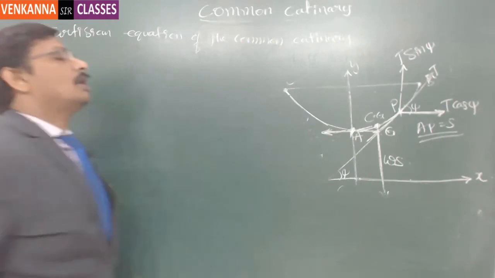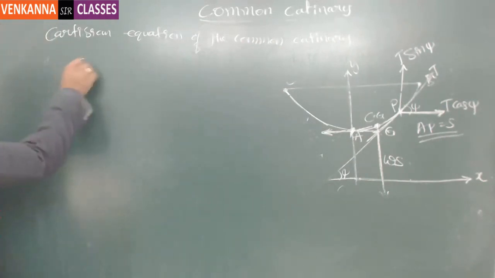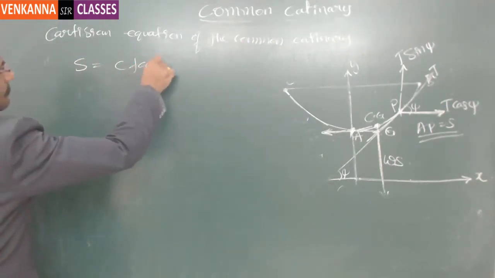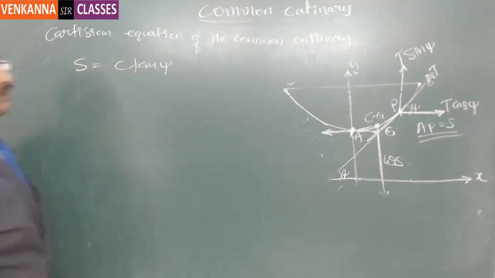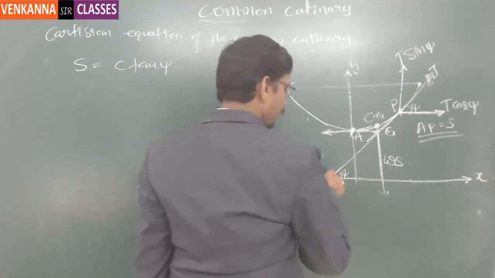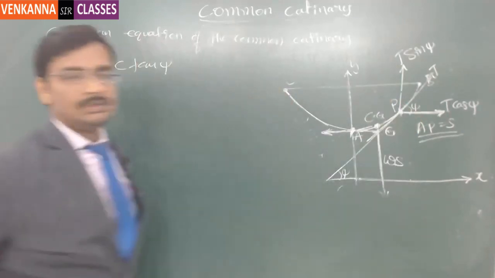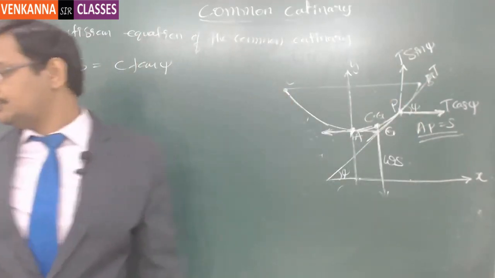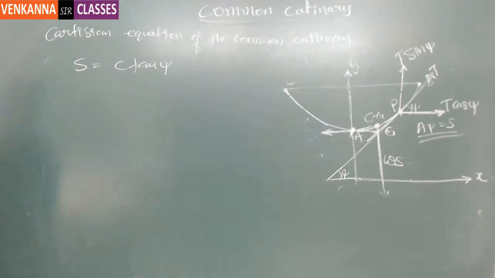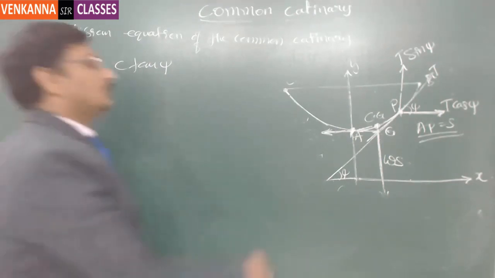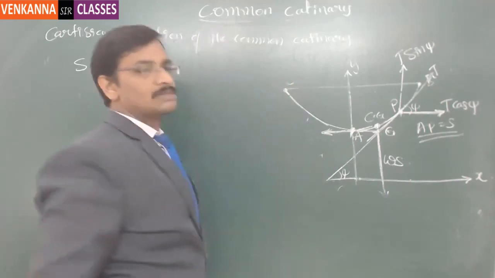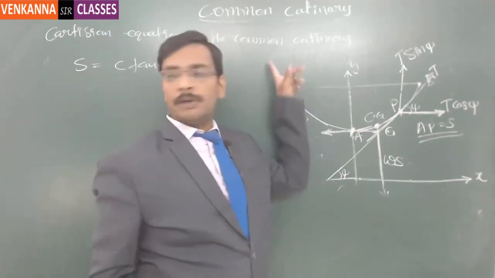Now to consider the Cartesian equation, we have got S is equal to C tan psi, where psi is this angle. Now I can call this psi as the derivative at this particular point P, right? This is for our analysis purpose, but a catenary can be top and bottom also.